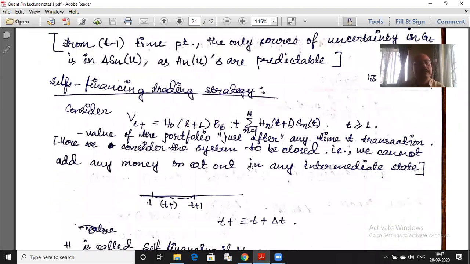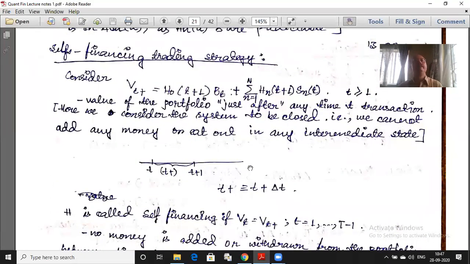Okay. So with that knowledge, now let me try and explain a very important concept in any financial trading strategy, which is called the self-financing condition. So before I go into any symbols or anything like that, let me just try and explain this to you. What is self-financing? Think of the value of my portfolio. The value of my portfolio is dependent on whatever decisions I take on the period before that.